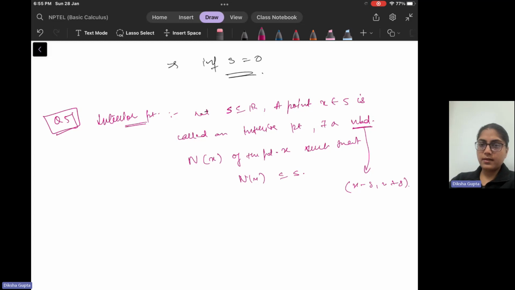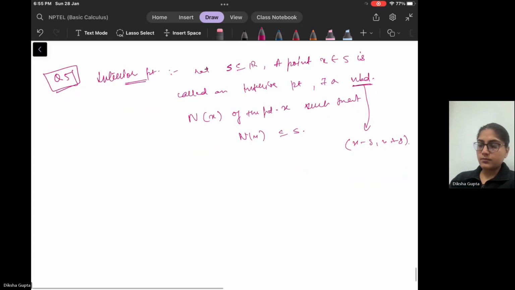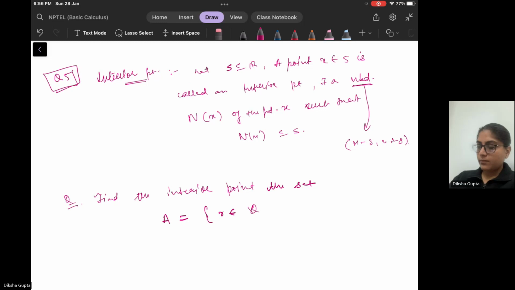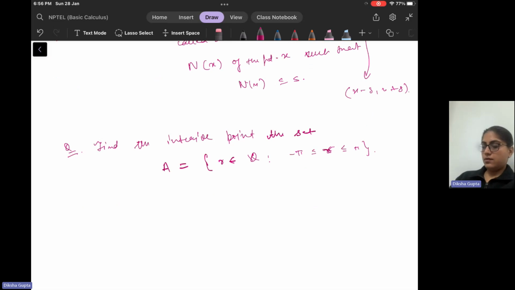So you have to find the interior points of the set A equals all the rational numbers Q between minus pi and pi, just denoted by R. So you have to find the interior points of the set.